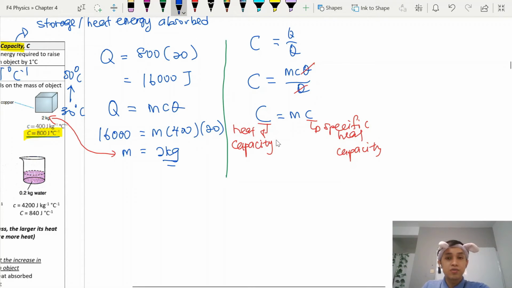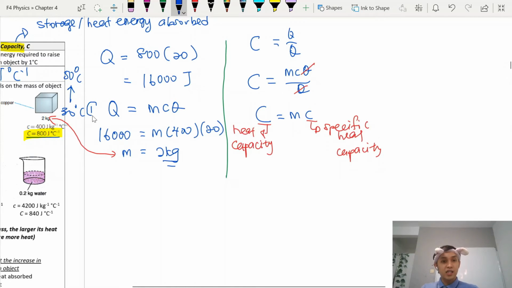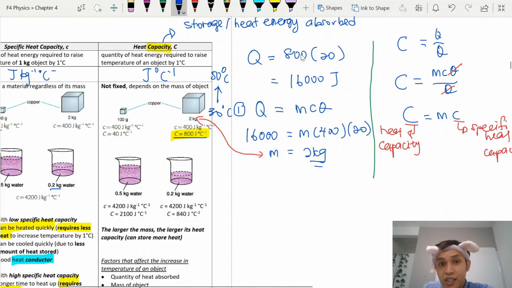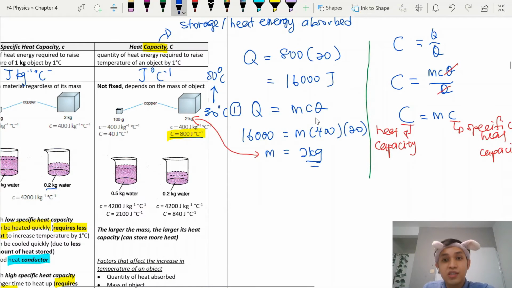So in other words, if I want to calculate the mass of copper in this example here, the first equation I can use is this one. The second way is if I use this relationship to calculate straight away. So I'm going to show you the second way to calculate. So this one equals m c.